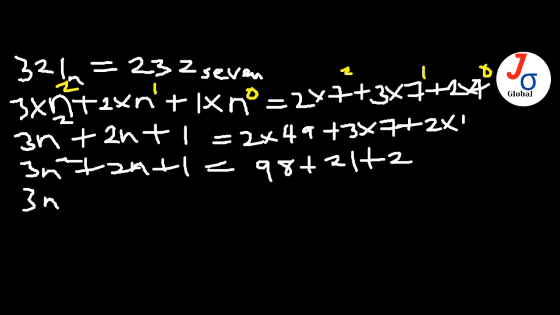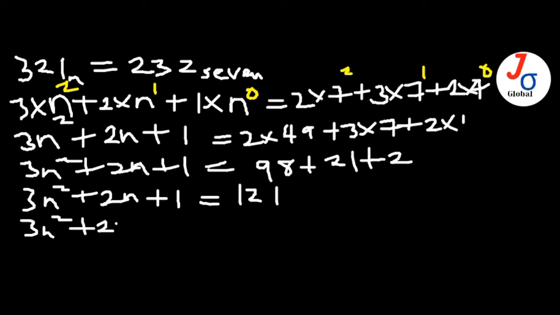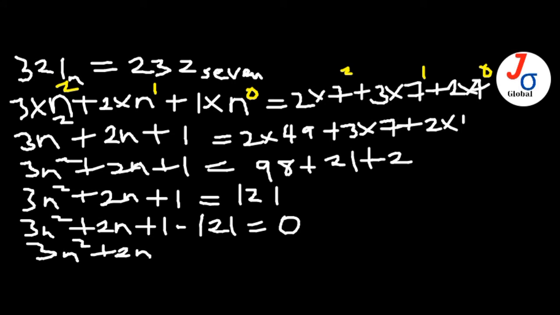So 98 plus 21 plus 2 is actually 121. So I have 3n squared plus 2n plus 1, then take this to the other side, minus 121 equals to 0. And so I have 3n squared plus 2n minus 120 equals to 0.